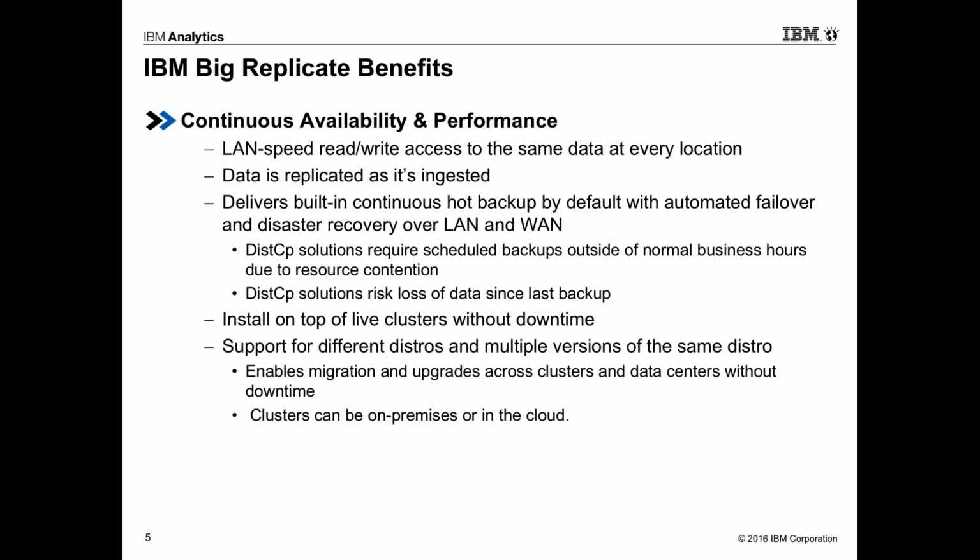Big Replicate allows you to replicate data as it's ingested, so it doesn't have to wait for the file to be written to the underlying file system at the source data center before it can be replicated.